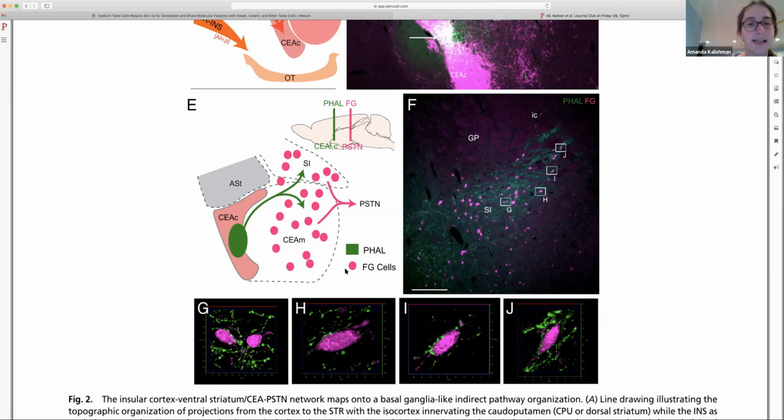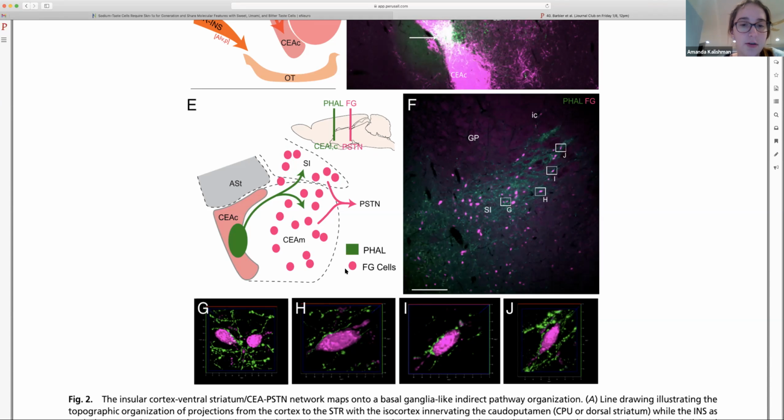The labeled cells that innervate the PSTN were in lateral CEA regions, and then they also found dually labeled cells in this SI region next to the globus pallidus and a little in the CEAM, but not much. So they found in the SI region that the FG labeled cells are in close proximity to the PHAL axons.